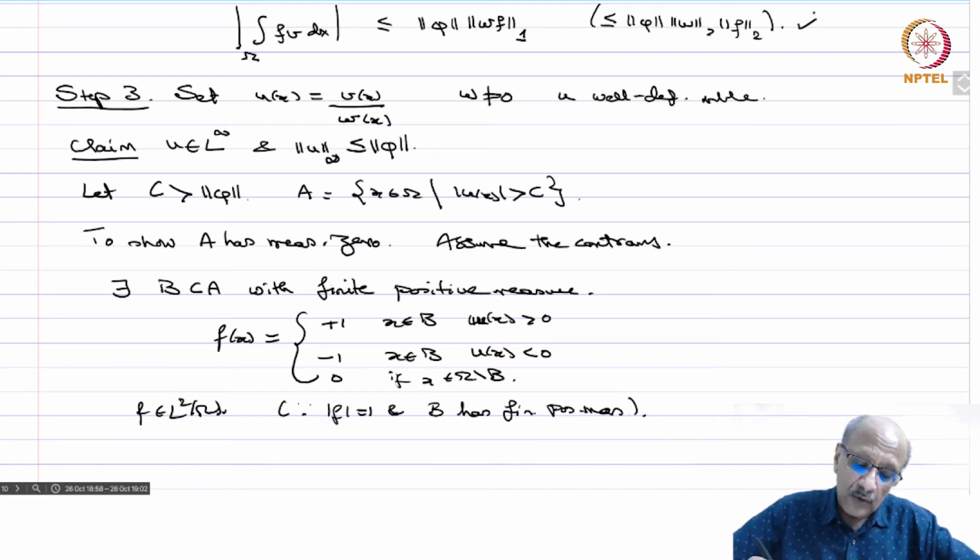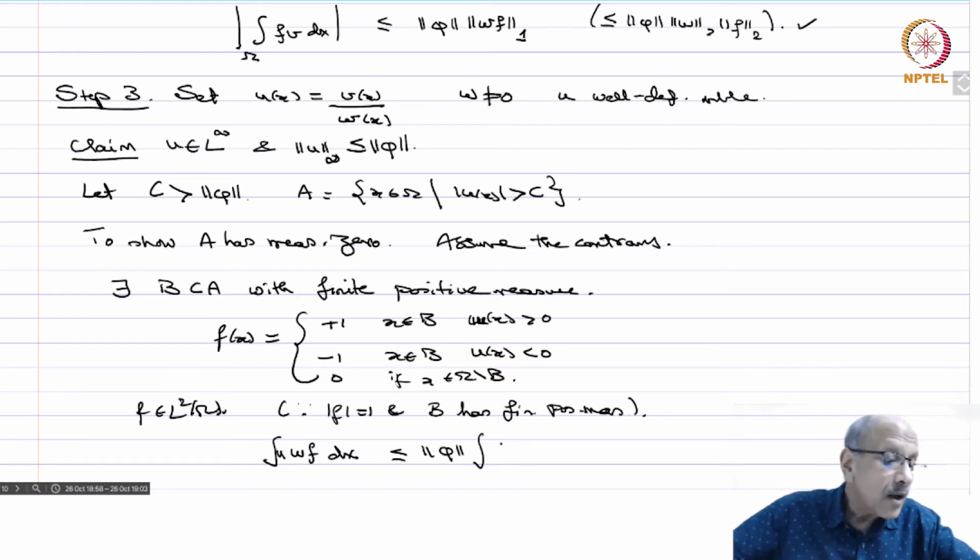V is nothing but u times w. So the integral of uwf dx is less than or equal to norm phi times the integral of wf in L1, that is mod wf.